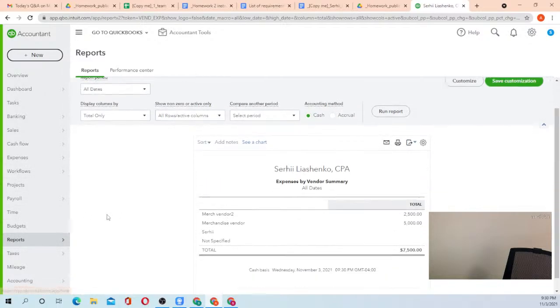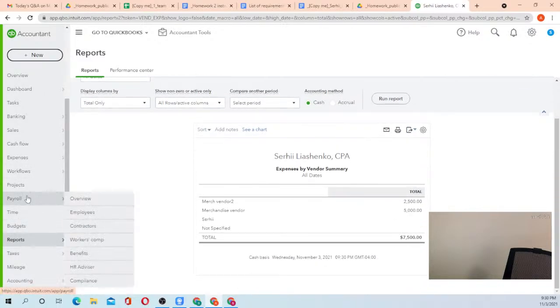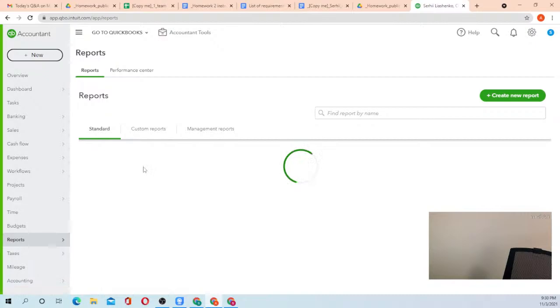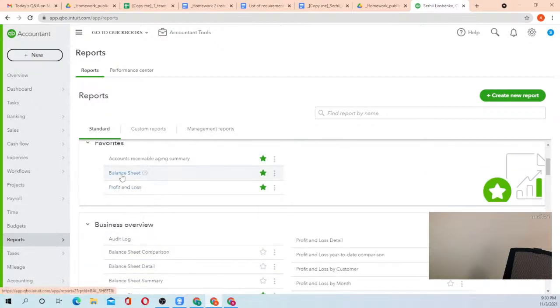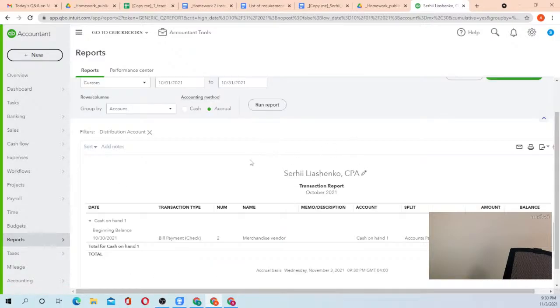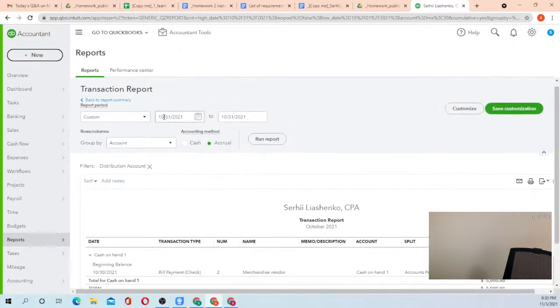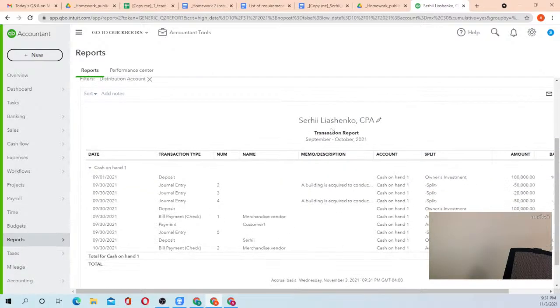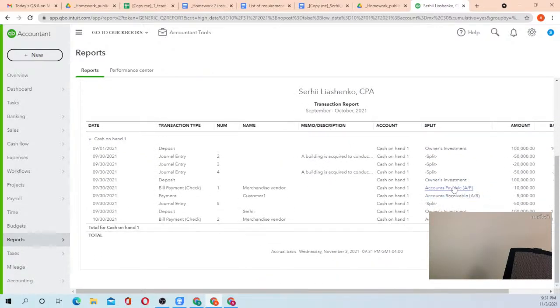The alternative way to do that is to go through reports, balance sheet, and cash on hand. In the cash account, you will see your movements in the cash. So what did we pay today?